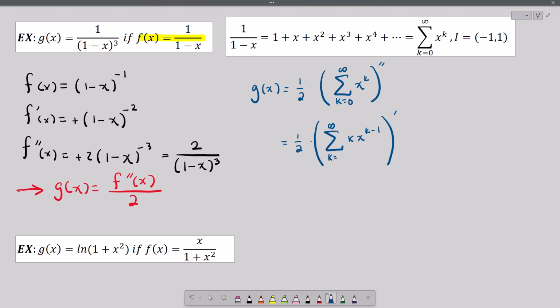When you differentiate a polynomial, you still get a polynomial, but a lot of times you lose a term. We agree with that? If you have the polynomial 1 plus x squared and you differentiate it, you get 1 plus 2x.